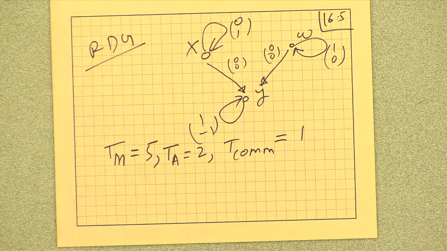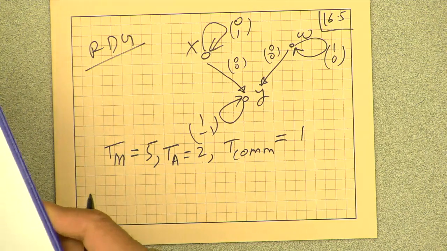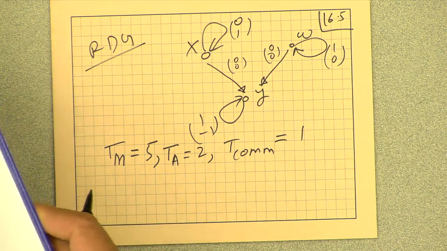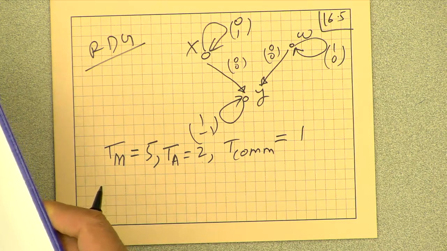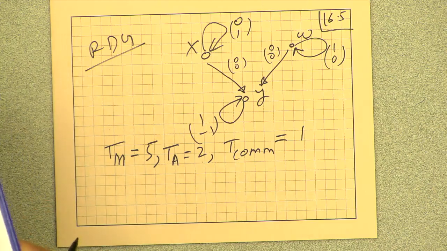Okay. Let me take the same numbers as in the book, so we can look at the diagrams in the book. So, 5, 2 and 1. Okay. So, that is what the book has. We will get back to that.